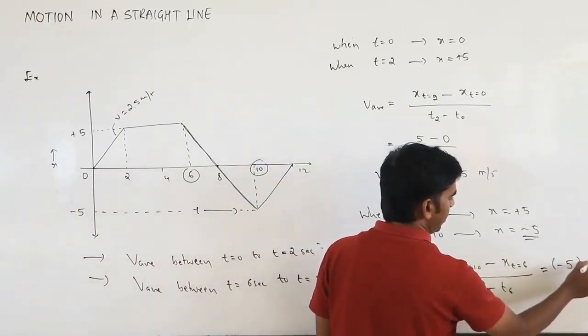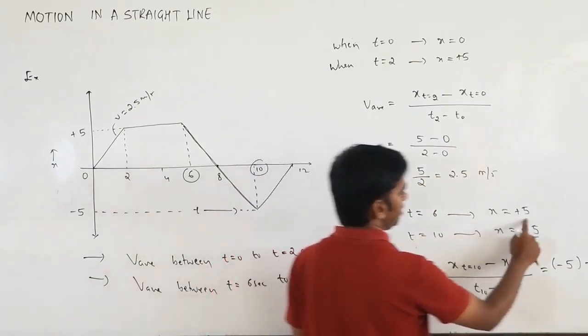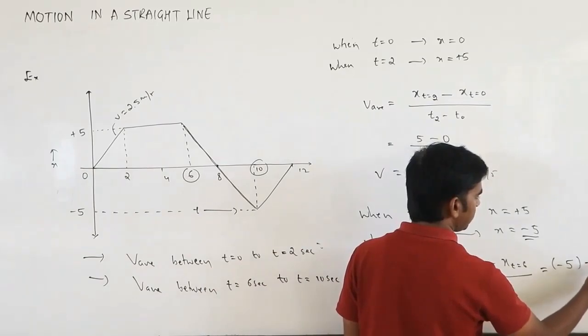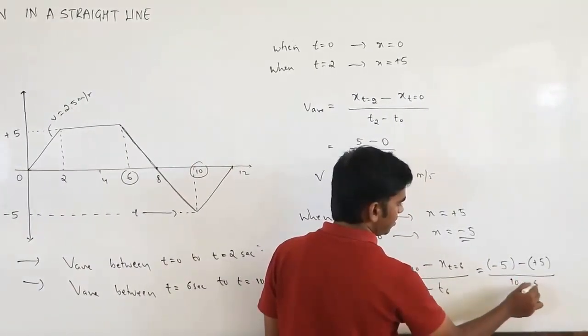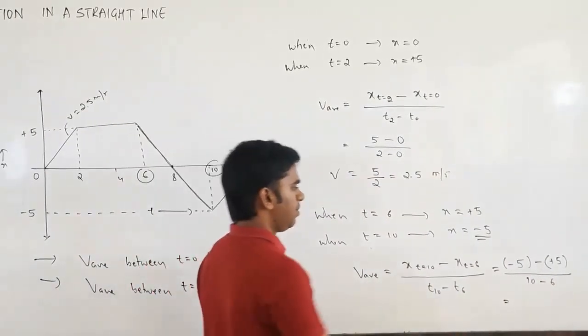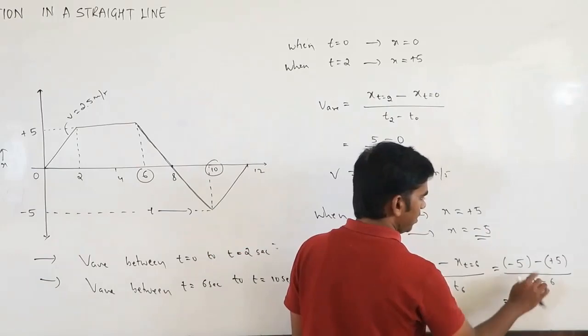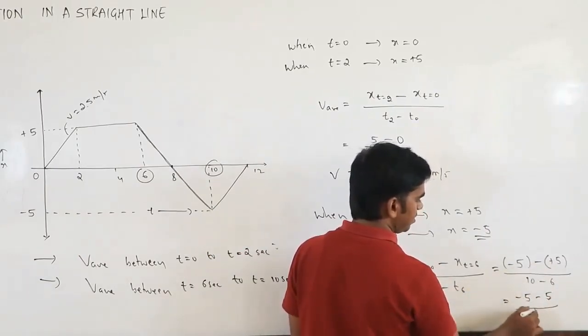Minus, what is the x at t equals 6? x at t equals 6 is plus 5. So minus 5 minus 5, divided by t equals 10 minus 6.